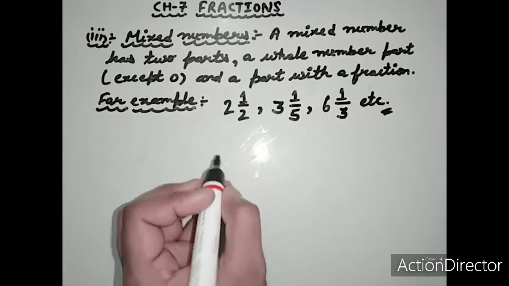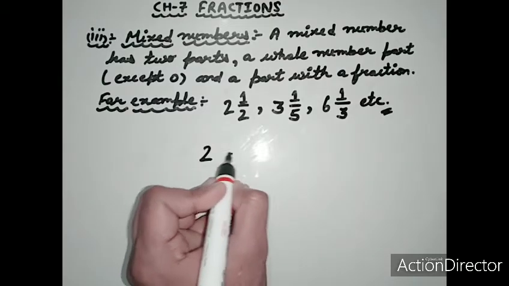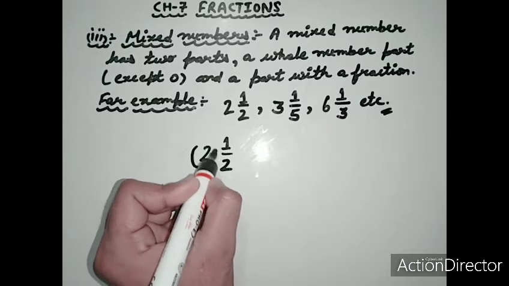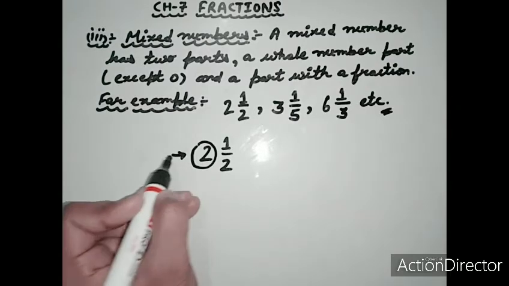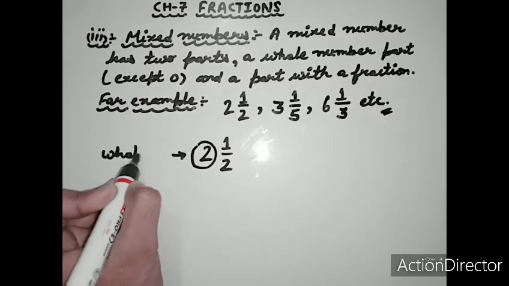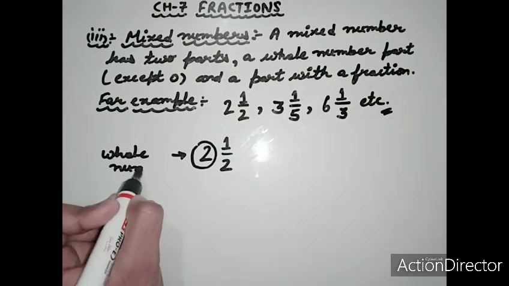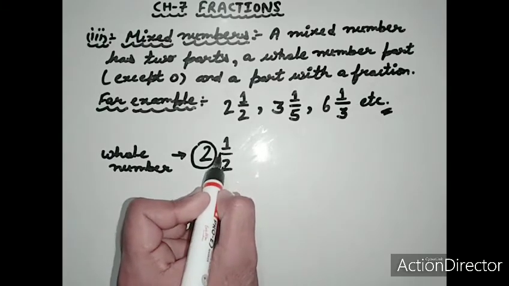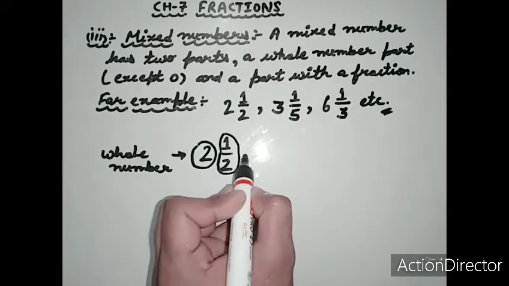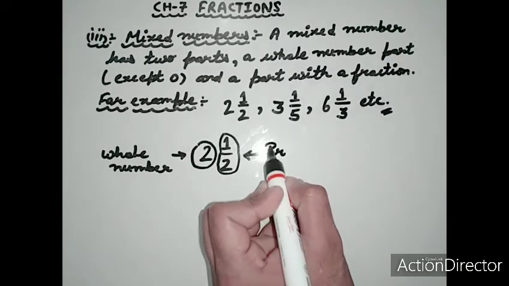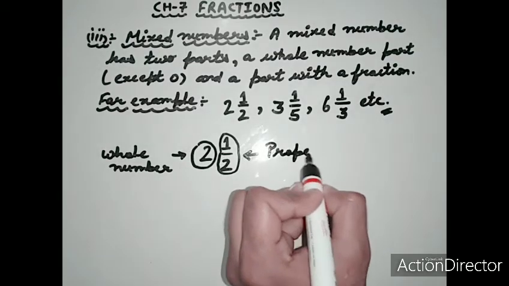Okay, so here if you write 2 whole 1 upon 2, this part is known as the whole number and this part is known as the proper fraction or fraction part.